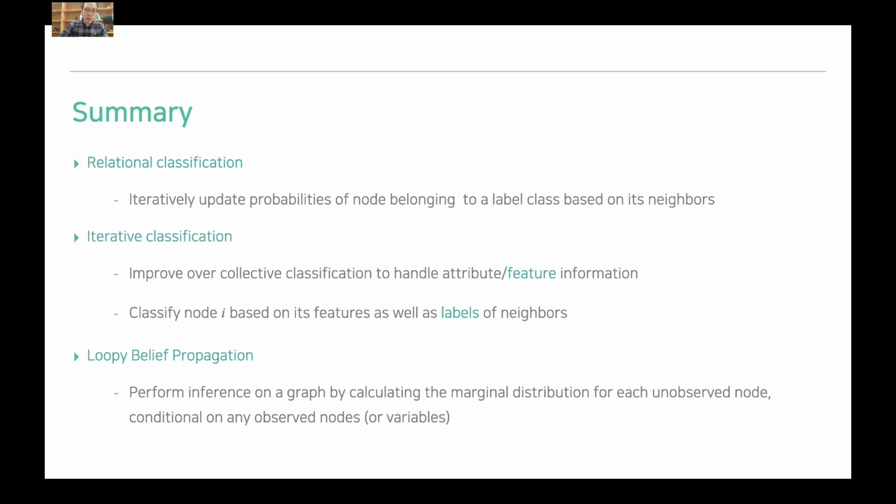Loopy belief propagation is quite different from the first two, but still utilizes neighborhood information using the marginal distribution. We update the belief and we get the final prediction. These were quite dominant before graph neural networks and node embedding, and their prediction worked actually on the graph space.